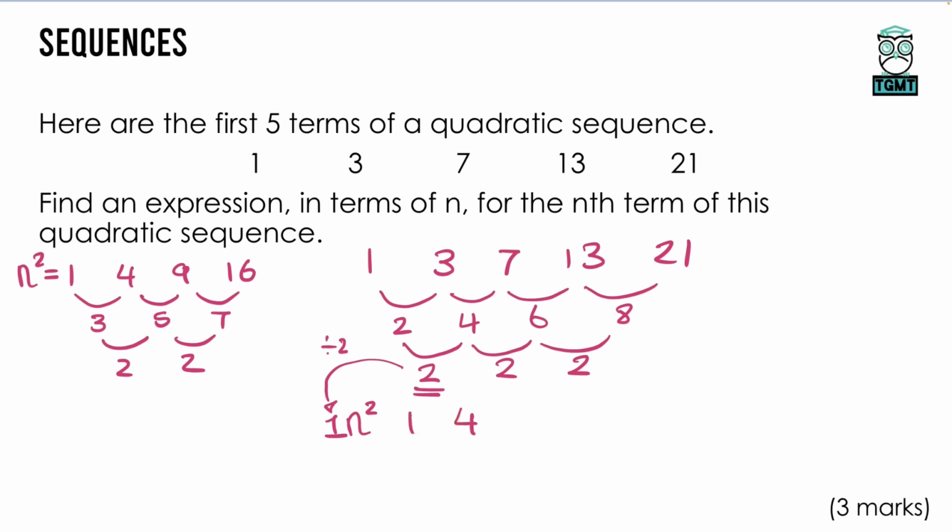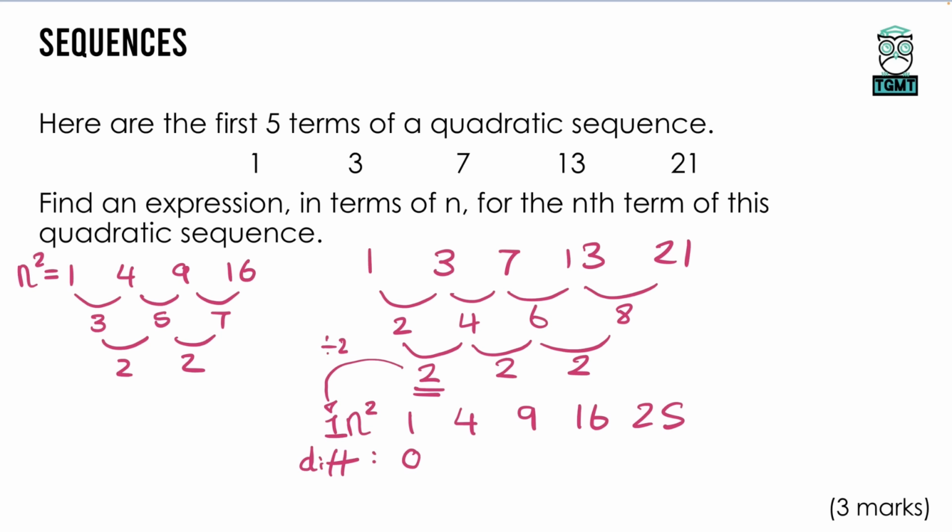Now 1n squared is the sequence that we've just written out. 1, 4, 9, 16. I'm going to put another one because we have 5 numbers in our sequence. And all we want to do is see, okay, well we know it's related to n squared, but how is it different from the sequence we've been given in the question? Now I tend to write that down as the difference. You can write it down as whatever you like, but to get from 1 to 1, that's a difference of 0.